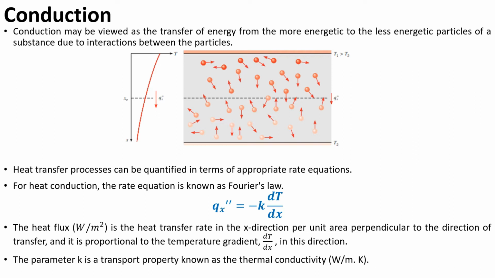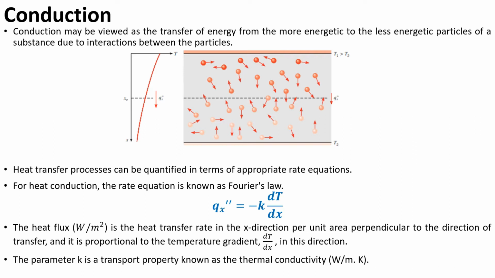The particles of the gas near the upper side of the block have more energy than the particles at the bottom. These particles will move from the higher side to the lower side, and the particles near the bottom side will move towards the upside because they have lower energy.